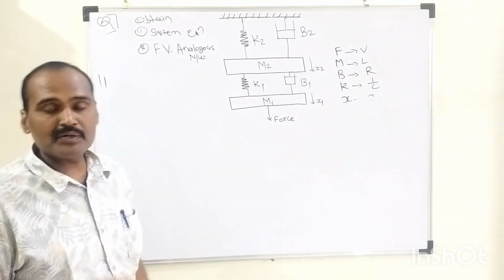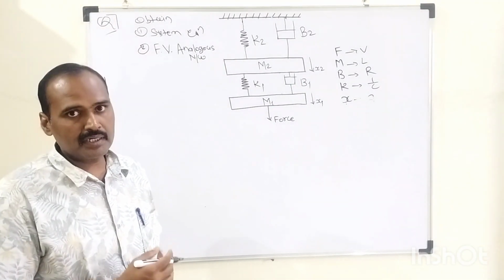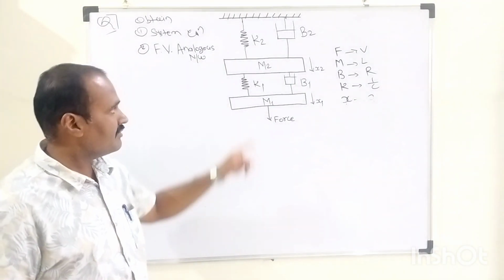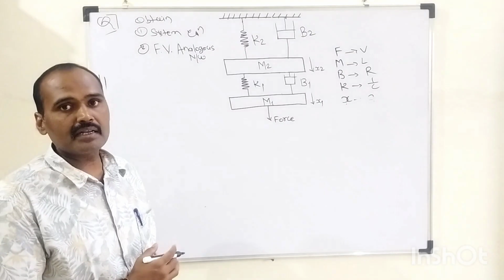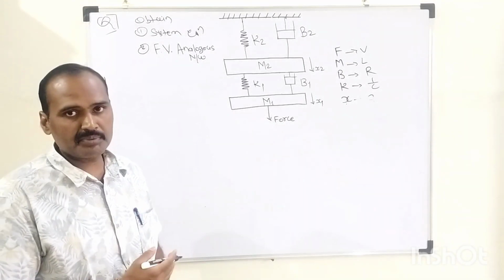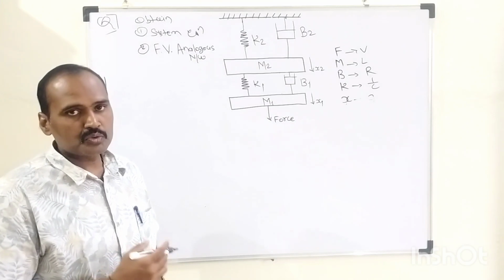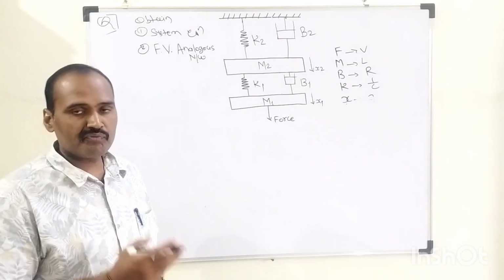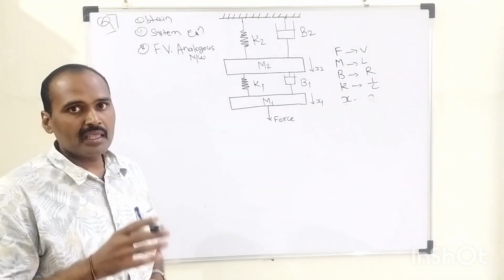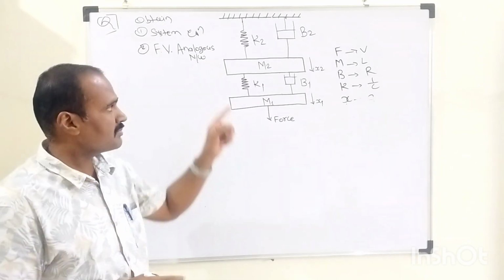First of all, we need to understand that modeling is the way in which we represent this given control system, or more specifically a mechanical system, in terms of certain system equations. In order to write the system equation, we first need to understand the basic components of this mechanical system.